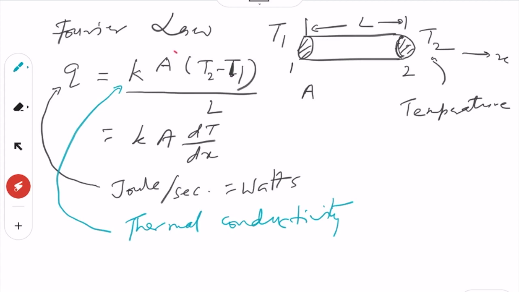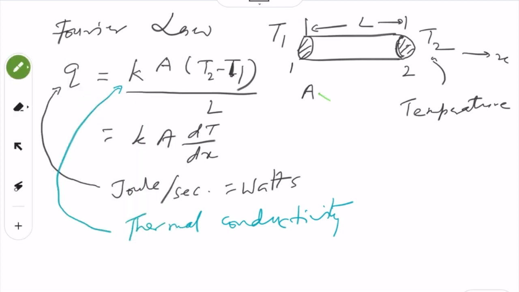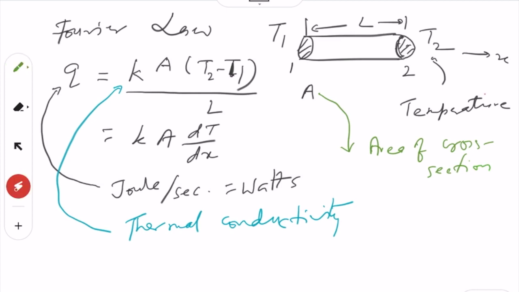This A is the area of cross section, and we know these are temperatures T1, T2, and the length is L. So this is given here.